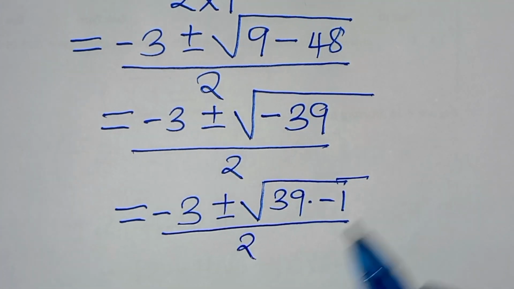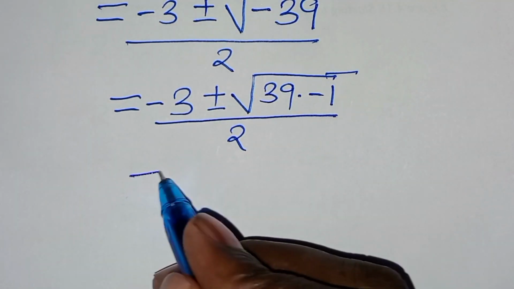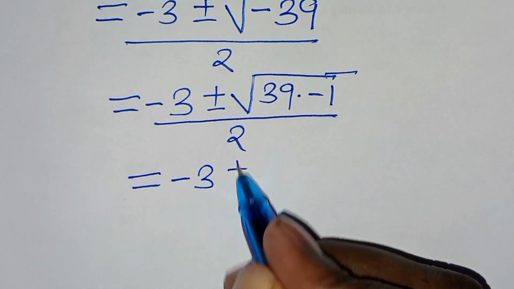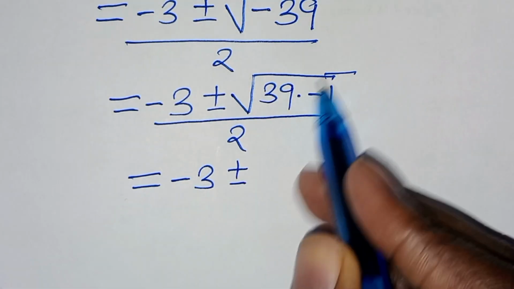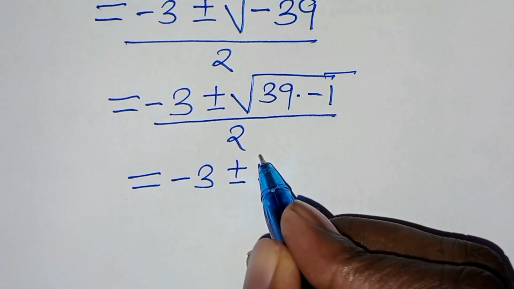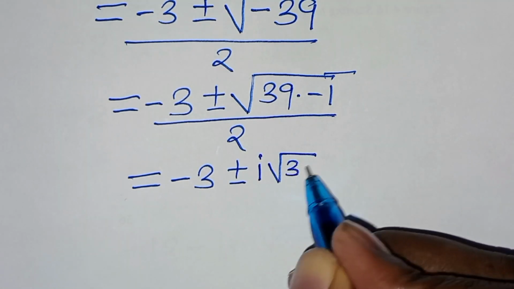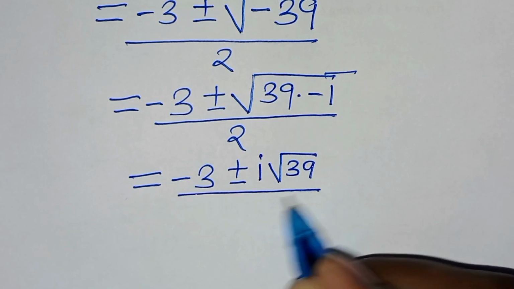So now this is minus 3 plus or minus the square root of minus 1, this is i, then square root of 39, divided by 2.